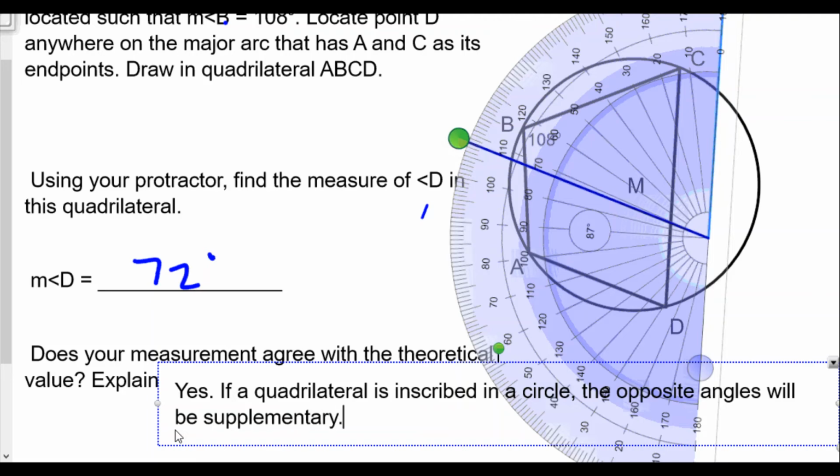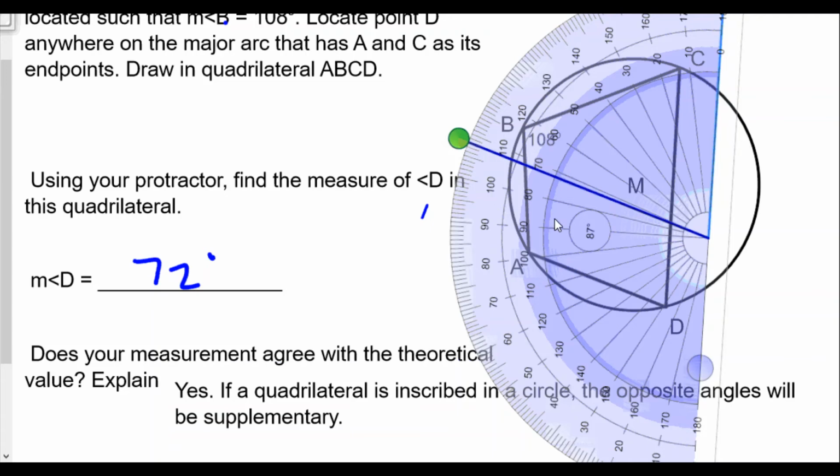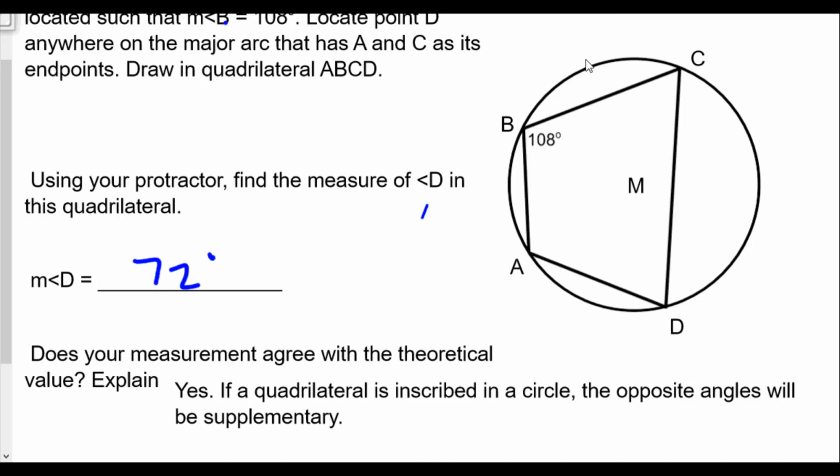See, this is the theory that we talked about probably in the lesson, and the reasoning is this. Okay, let me get rid of this here. So why is this the case? Well, the measure of arc ADC has to be twice 108, because angle ABC is an inscribed angle, and so that would mean our measure of arc ADC should be 216 degrees.